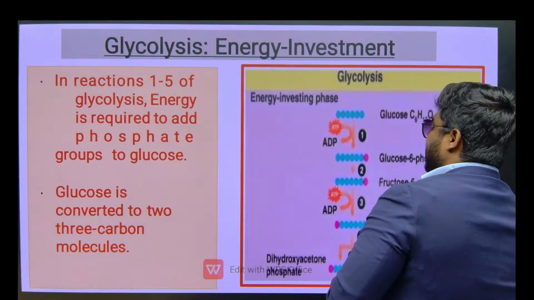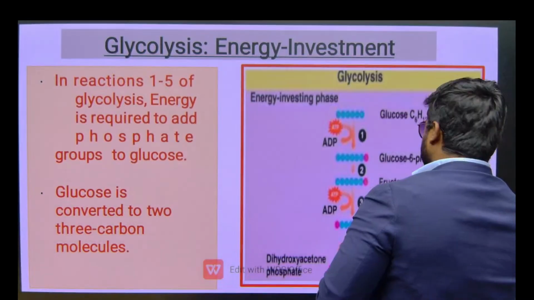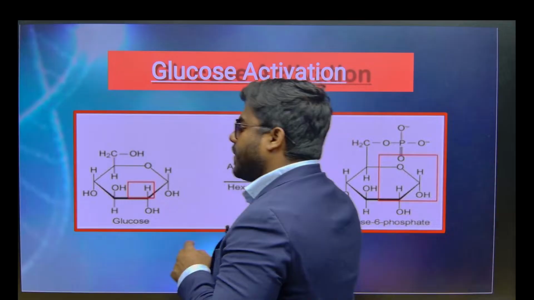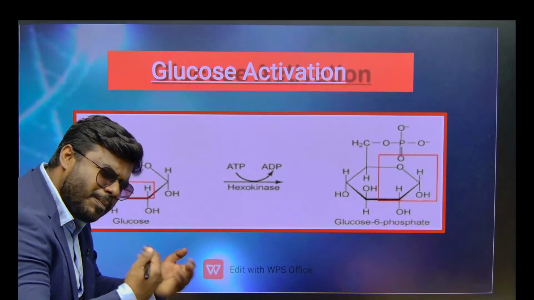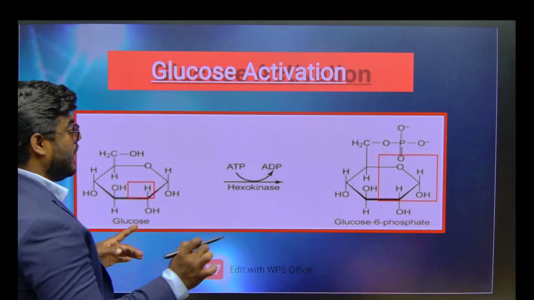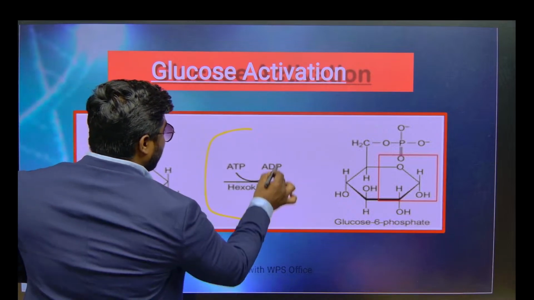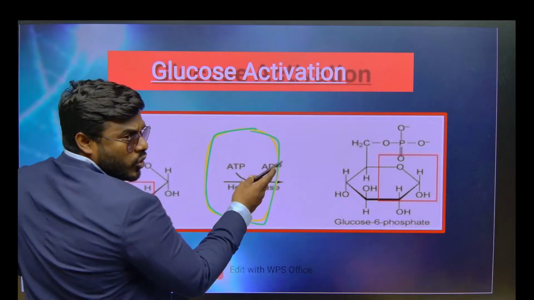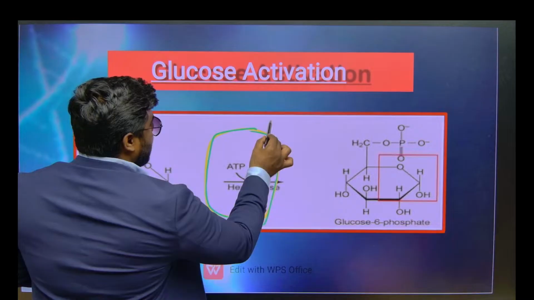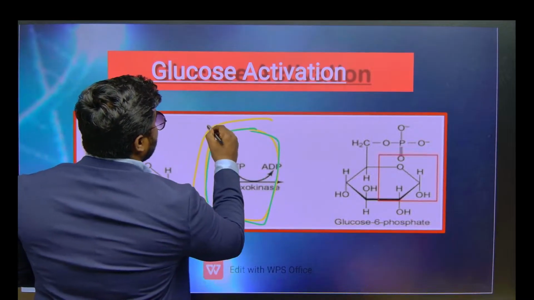So now friends, let's focus on the first step and tell me where this process is happening. Cytosol. Correct? Now let's consider it is a plant cell or an animal cell. Where is the cytosol located? Inside. Which means, let's consider it's a plant. So glucose has to cross which one?